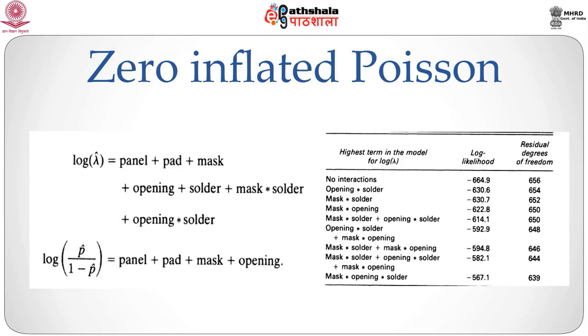The probability of the perfect state is given by the model log of P over 1 minus P, that is the logistic model, equal to panel plus pad plus mask plus opening. Now note that the formula here is written in the sense of an R formula.